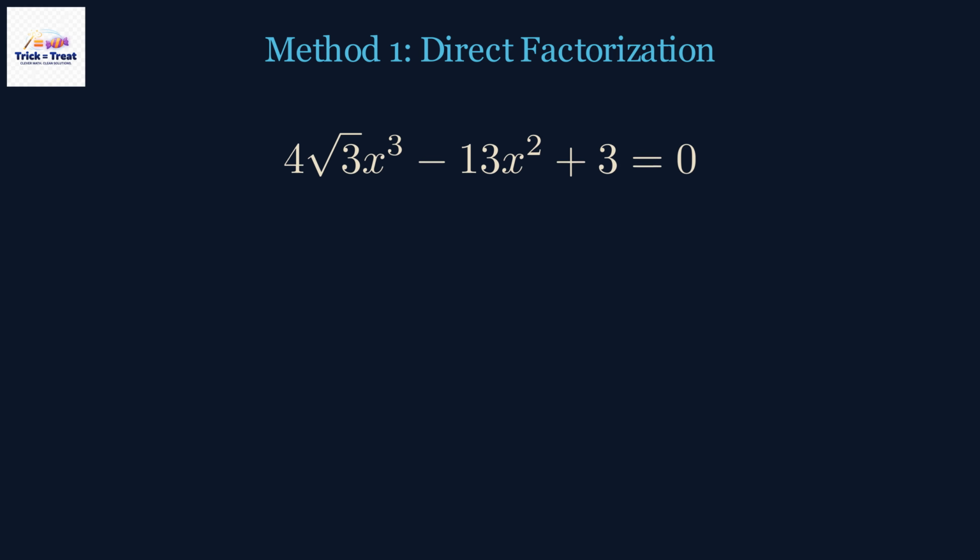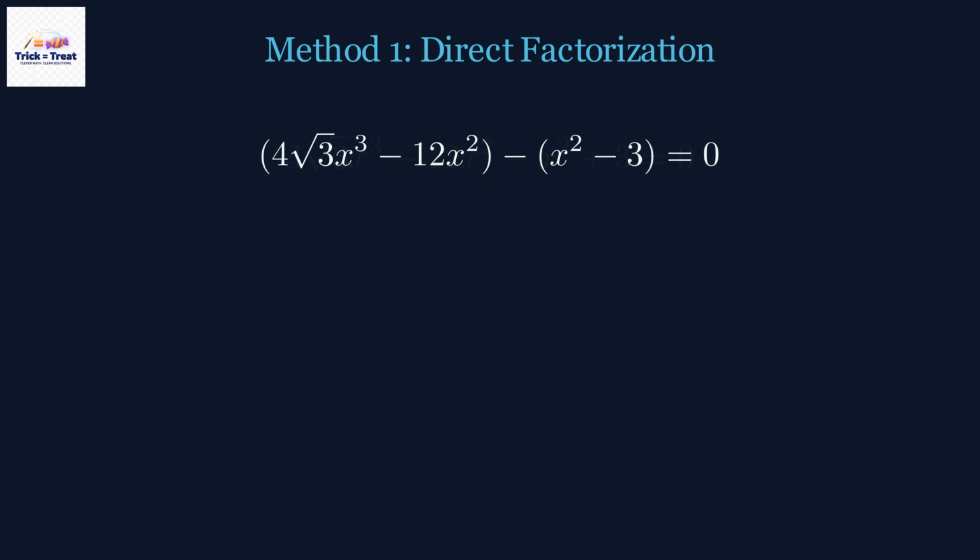Now let's rewrite our equation. 4√3 x³ − 12x² − x² + 3 = 0. Now, let's group the first 2 terms and the last 2 terms. 4√3 x³ − 12x², minus (x² − 3) equals 0.